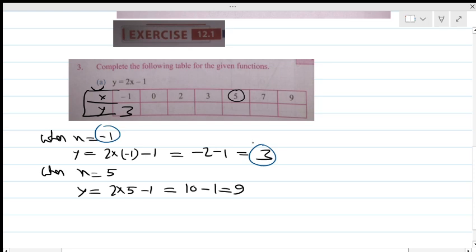And when we took x equal to 5, we get its respective y, 9. So when x is 5, y is 9.